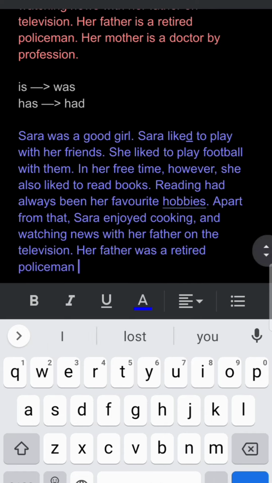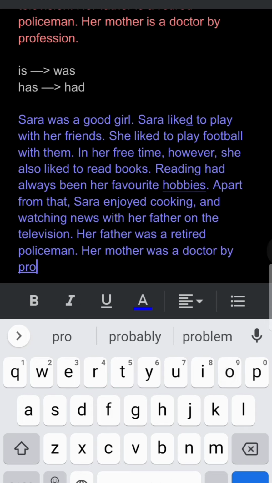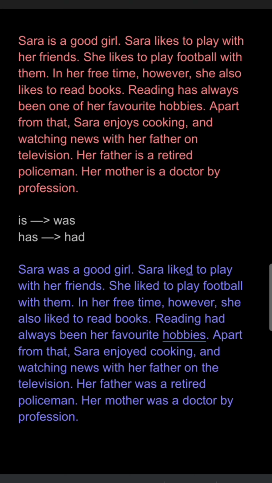So you need to keep these changes in mind. And her mother is a doctor by profession would change to her mother was a doctor by profession. Very, very good.